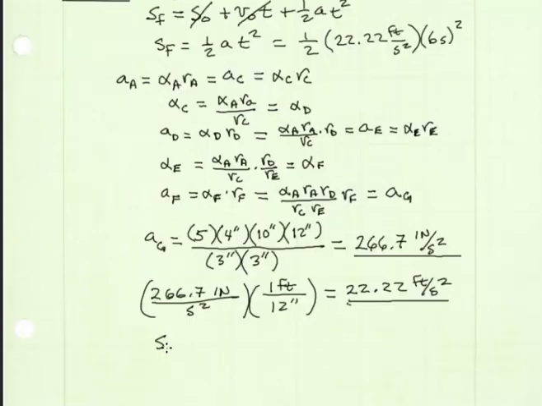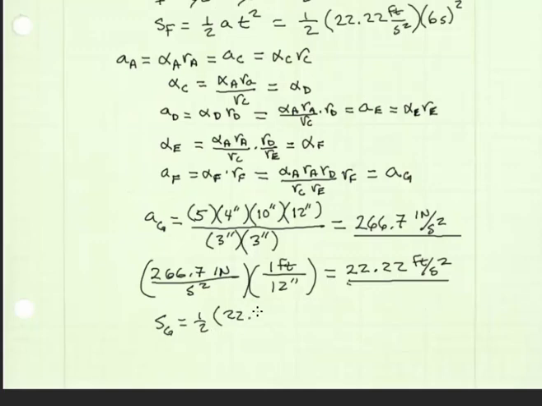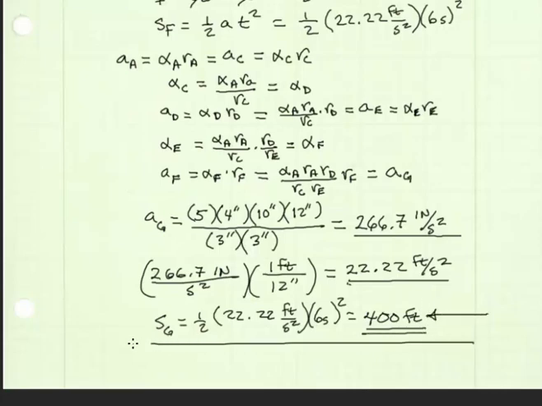So our final position of G is equal to 1/2 times 22.22 feet per second squared times 6 seconds all squared, which equals 400 feet. So after 6 seconds, the block has raised 400 feet. That's a pretty fast pulley system, but that is the answer.